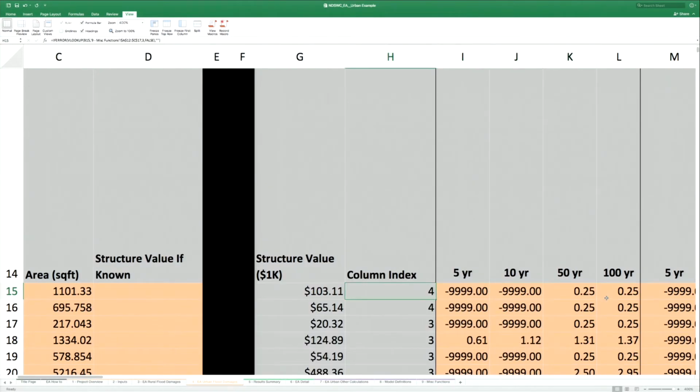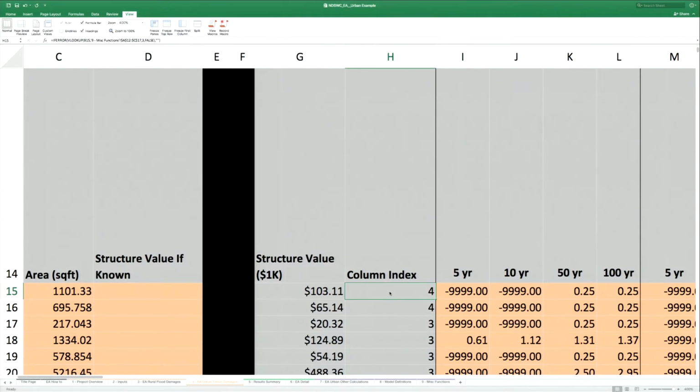One other key thing here for structure damage analysis is we need to know the elevation of the structure relative to the ground. So FEMA has some literature that they've gone out across the country and surveyed different damage inventories, and they have a report that has foundation heights relative to ground. Because when you think about damages, you have the structure, you have the ground, and then somewhere in there is where the flood water is, right?